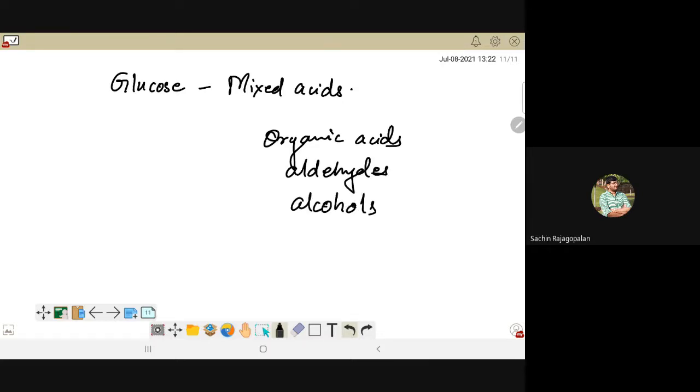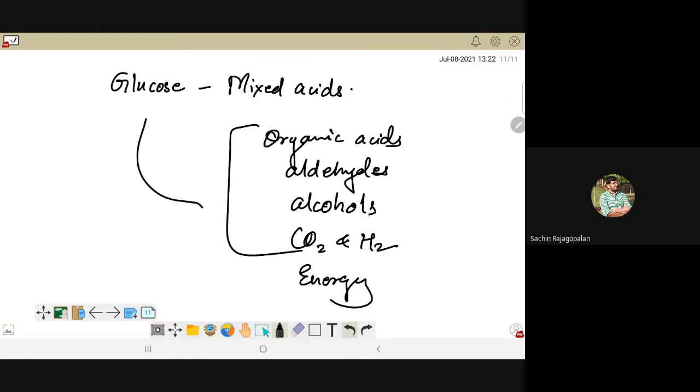Carbon dioxide, many a times even hydrogen gas, and energy, all this is going to be produced from glucose. For this purpose, they are going to require limited oxygen or no oxygen at all, because they are carrying out fermentation, so they are going to do it in an oxygen-devoid condition.